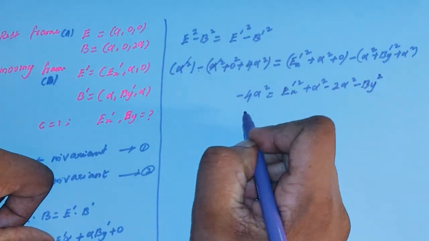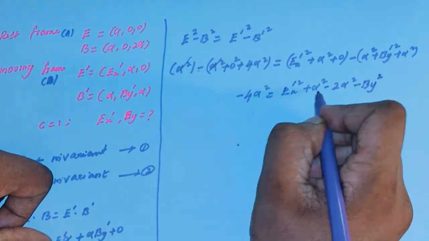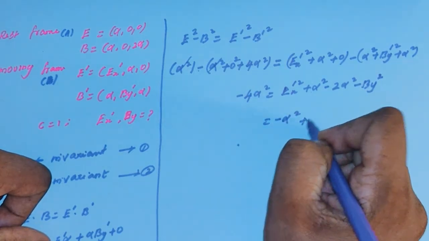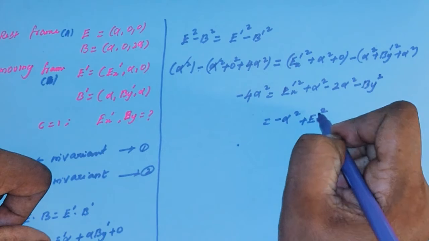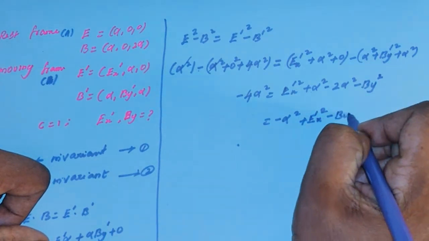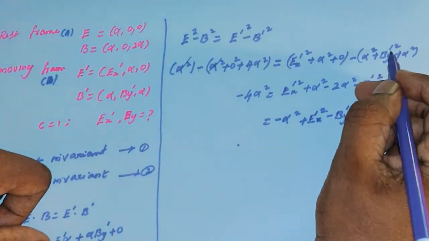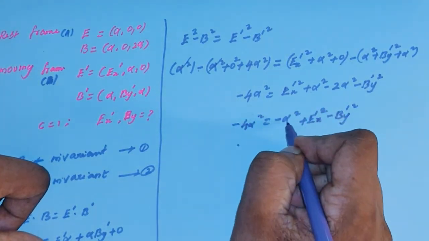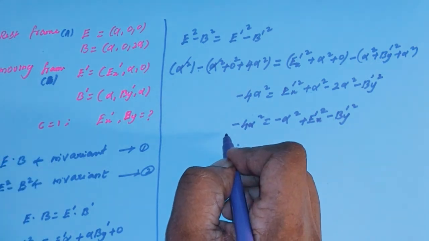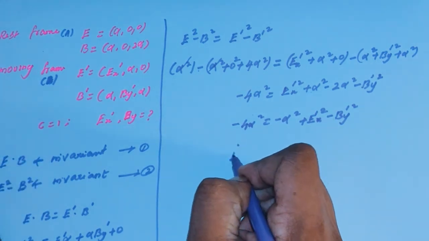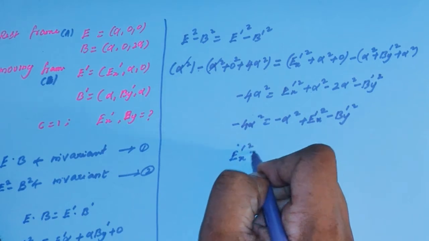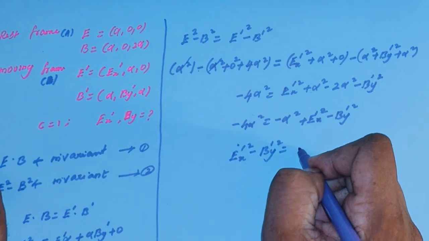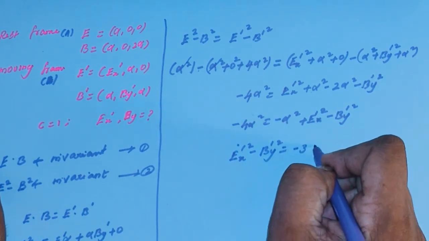So here alpha square minus 2 alpha square gives minus alpha square, plus Ex prime square minus By prime square, equal to minus 4 alpha square. If the alpha square comes to the left hand side, it will be plus alpha square, so we have Ex prime square minus By prime square equal to minus 4 alpha square plus alpha square, which will be minus 3 alpha square.